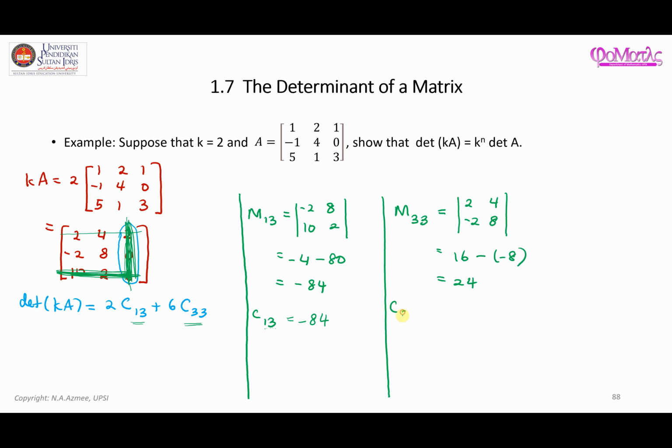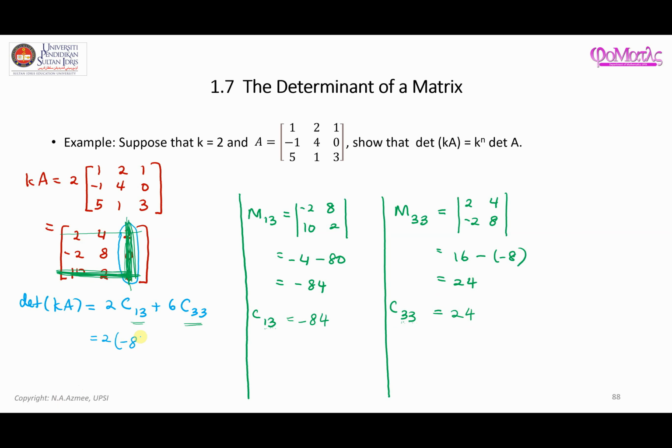And C33, well, 3 plus 3 is 6. 6 is an even number, therefore you have a positive sign. Positive 24 is going to be 24. And that result would be inserted right here.